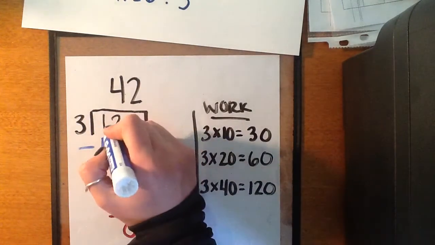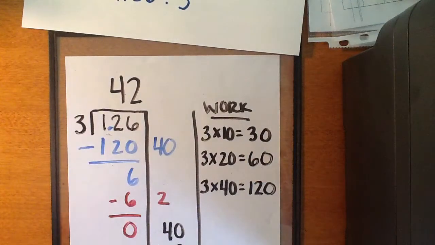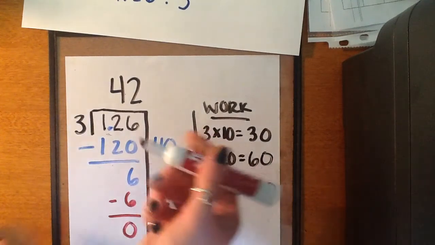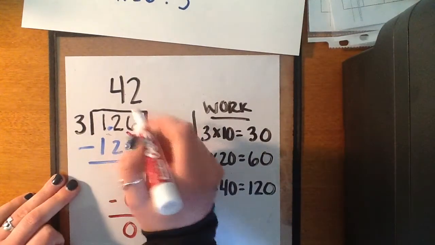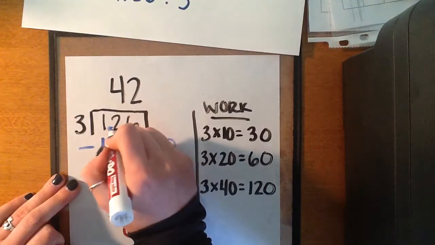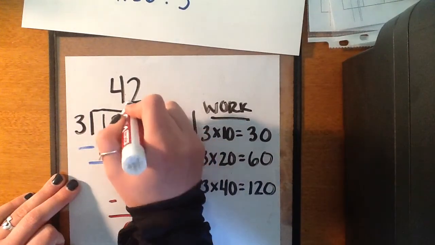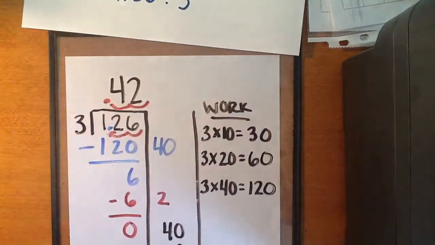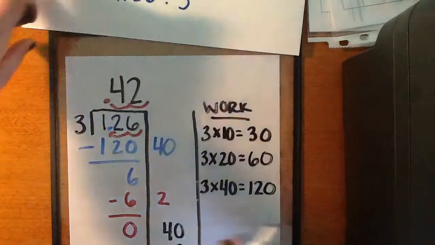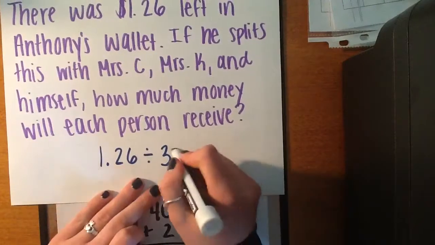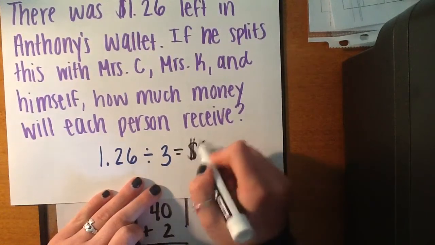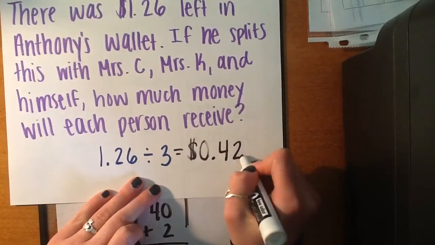Or you can say, alrighty, how many times do I have to go and see how far away that decimal is? 1, 2. So therefore, I could go 1, 2. There's my decimal. So how much will each person receive? Each person will receive 42 cents.